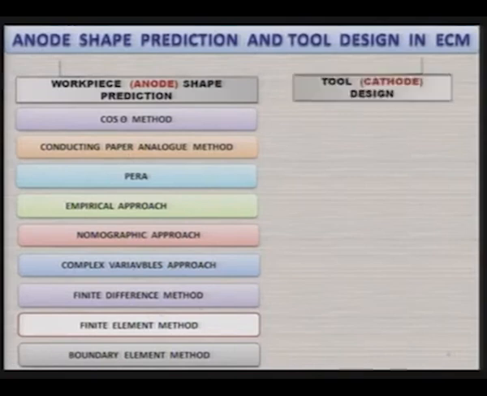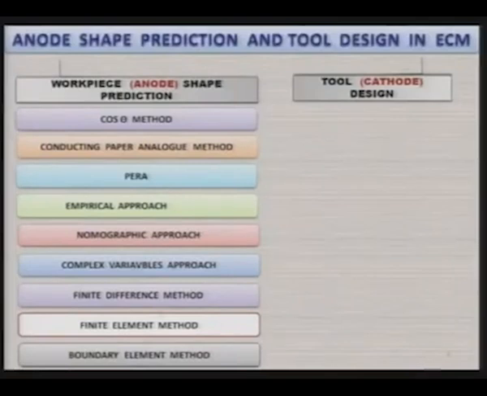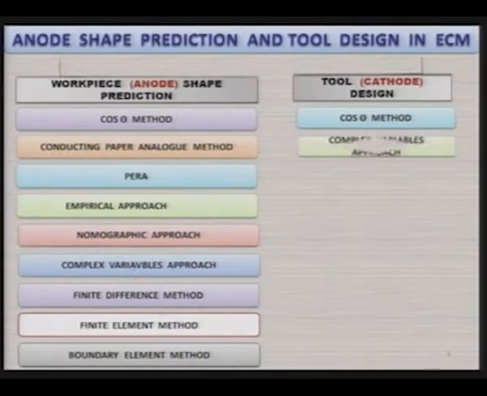Then there are various approaches or methods that have been proposed for design of the shape and size of the tool, that is the cathode. The first one initially was proposed by Tipton, and that method is known as the cos theta method for designing the tool. The second one is the complex variable approach, which was proposed by Nielsen and Sui, and this is more of theoretical nature.